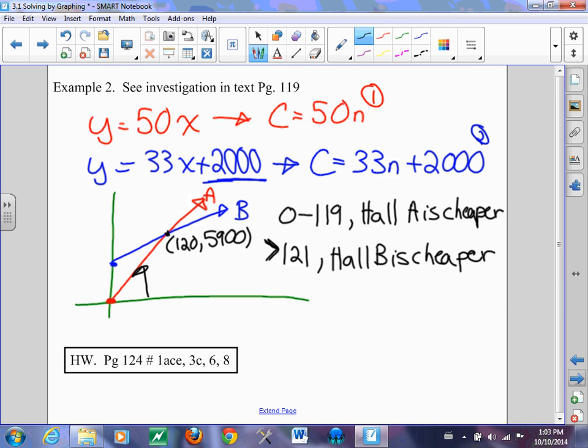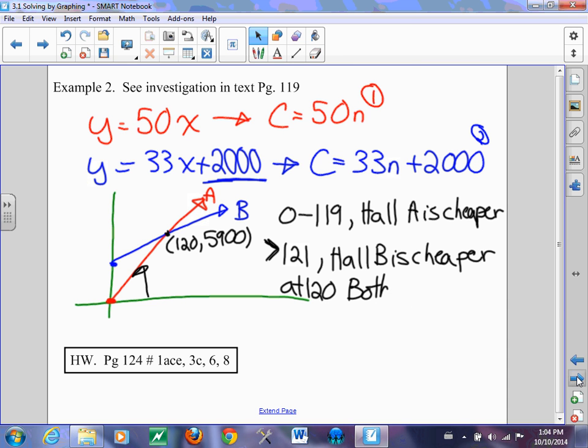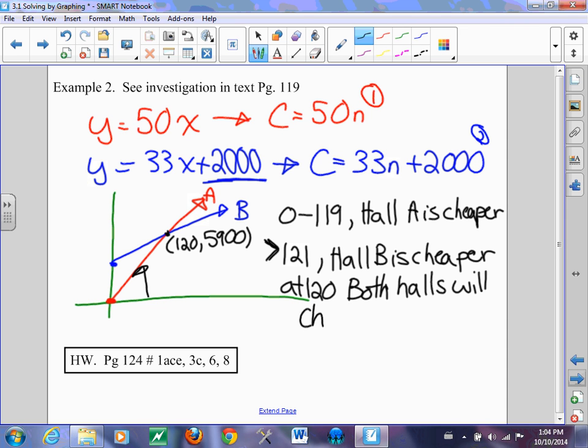But notice, folks, at exactly 120 people, both halls will charge the exact same amount of $5,900.